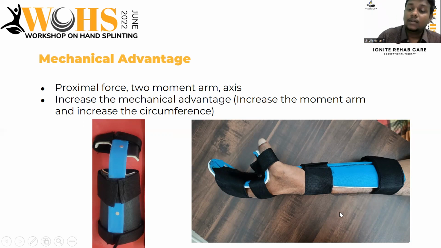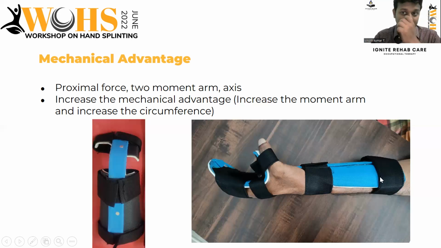In this case, I have extended the proximal moment arm bigger. If I had made it here, it would have poked the patient because the weight over here and here doesn't match. Once you increase the moment arm, it will be able to tolerate the weight of the hand.